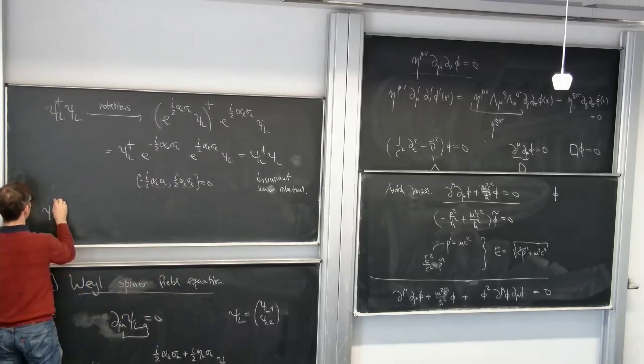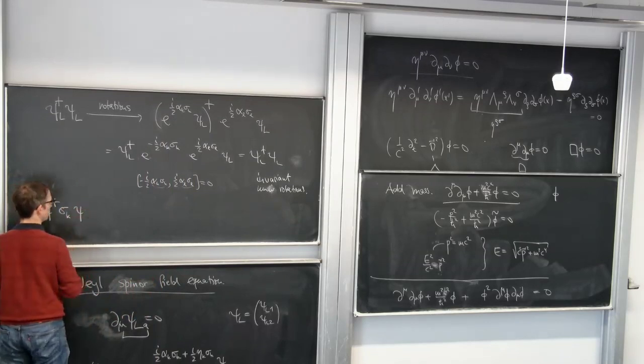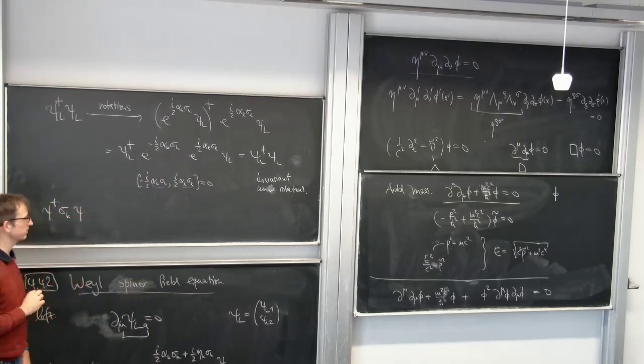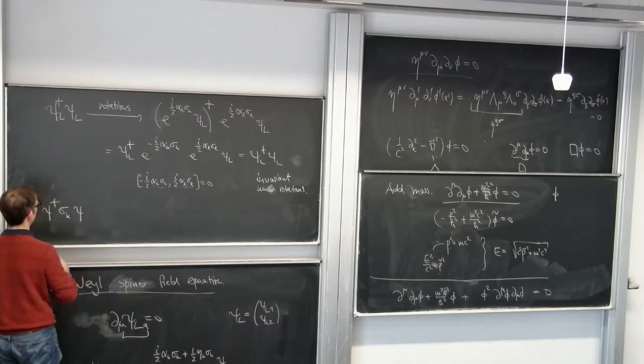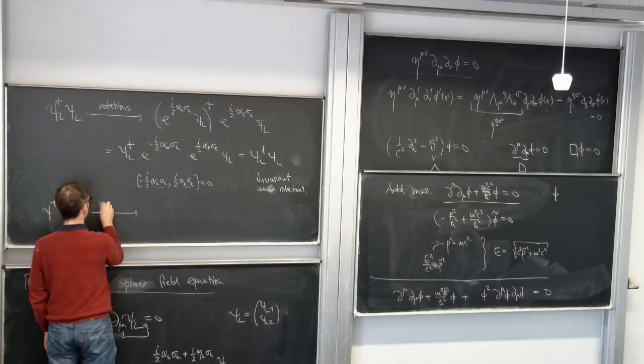Now, what do we do? Let's stick a Pauli matrix in between, and do the same rotation.